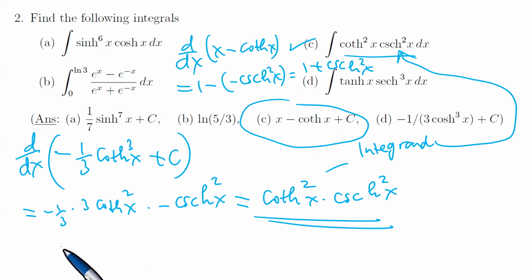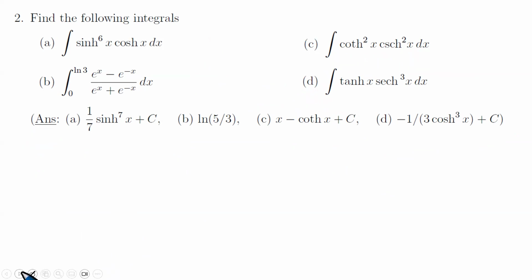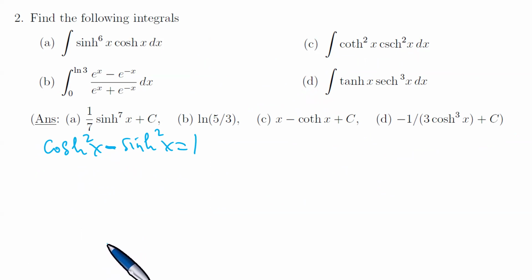You can use the identities. Because what are the identities? You know that cosh squared minus hyperbolic sine squared is 1. Okay, this is an identity that we learn.